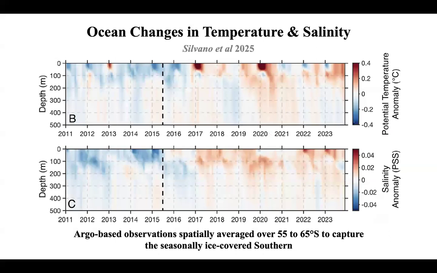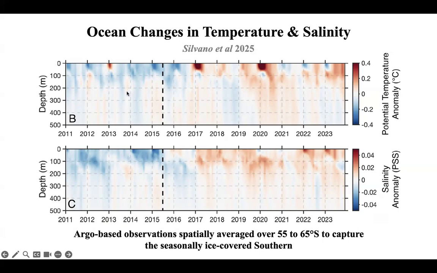And so what does the underlying ocean look like? This is showing you the upper ocean, surface to 500 meters, temperature anomalies from Argo float observations. Importantly, this is from 55 south to 65 south, so it doesn't quite go to the coastal regions or the continental shelves, and that's a big gap in our ocean observations and in our understanding with regards to sea ice coupling.